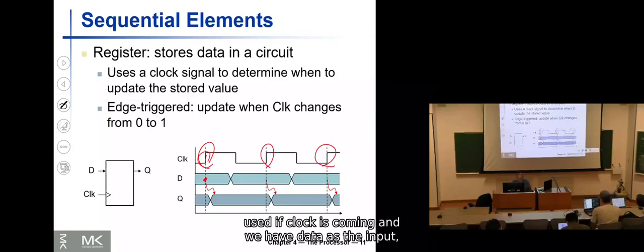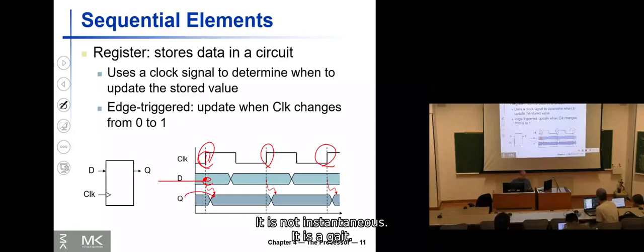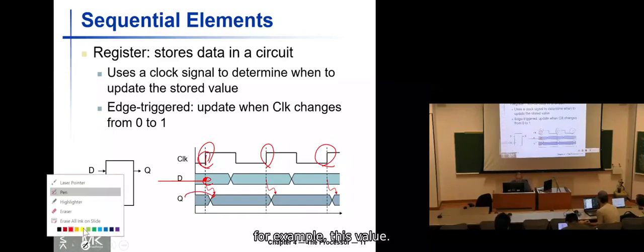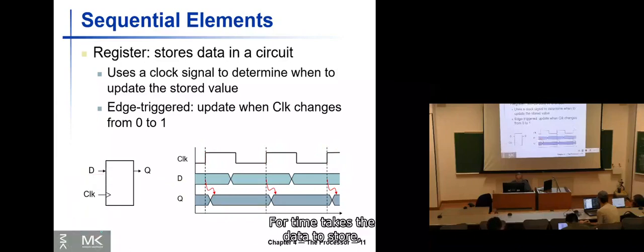So if clock is coming, and we have data as the input, so the Q would become the same as data, but with a delay. It is not instantaneous. It is a gate, so it takes time. So as you could see here, we have a delay of, for example, this value. I will show it by blue. This is, for example, the time it takes the data to be stored on Q. Of course, it takes time.